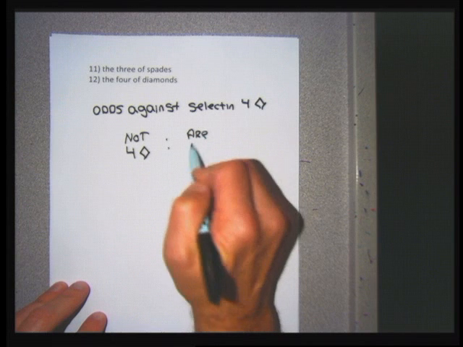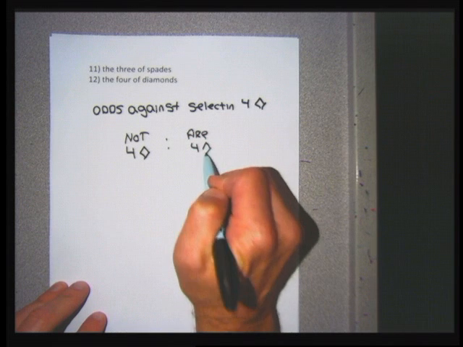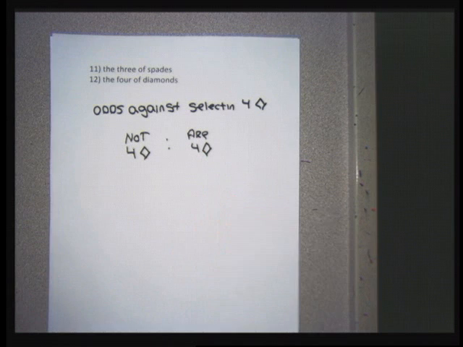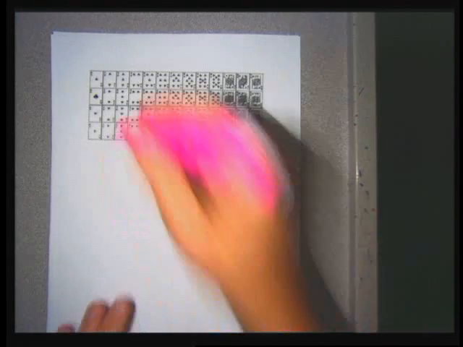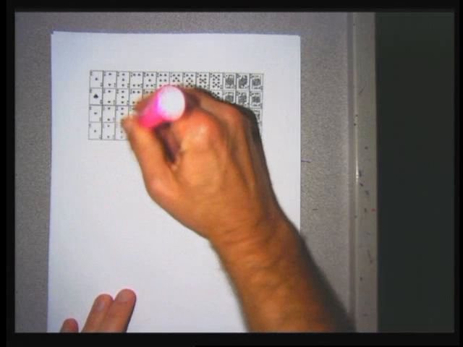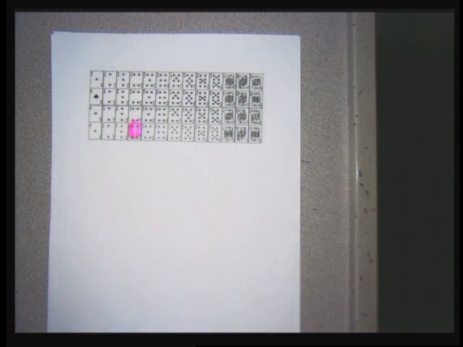Our 4 of diamonds seems stupid, but it's good enough. So I need to separate the 52 cards into those that are the 4 of diamonds and those that aren't the 4 of diamonds. And so again, it's easier to count the "are"s. And for my deck of cards, there's only one card that satisfies that it's the 4 of diamonds. That's specifically the 4 of diamonds.